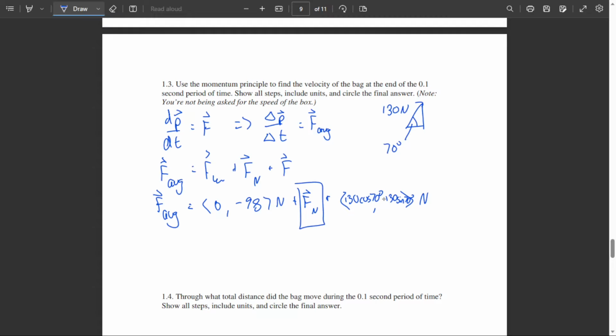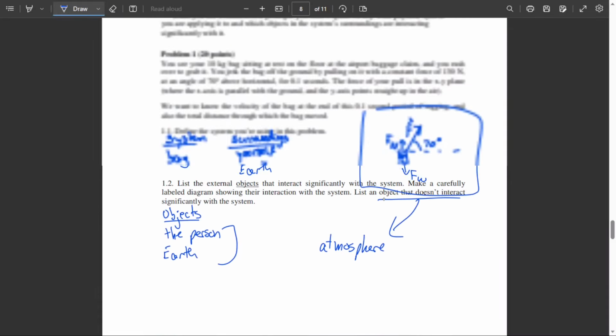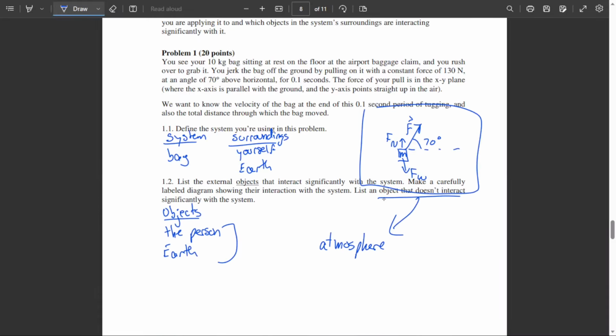Now the normal force. So I'm a little bit unsure about how to proceed because if we lift the bag off the ground, the normal force is 0 because it's not in contact with the ground. But if the bag stays in contact with the ground, then we have to calculate the normal force so that way the force in the y direction is 0.